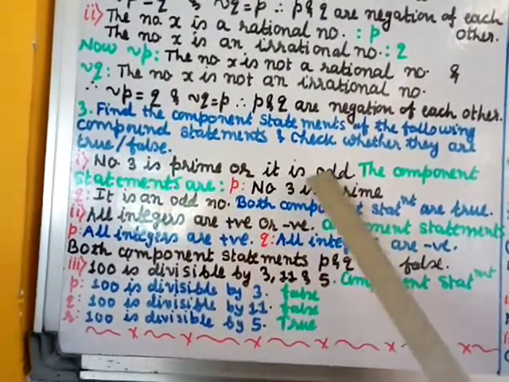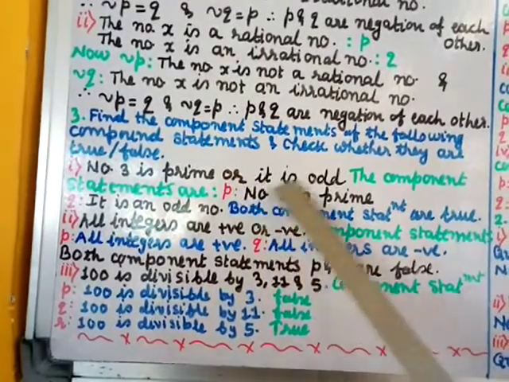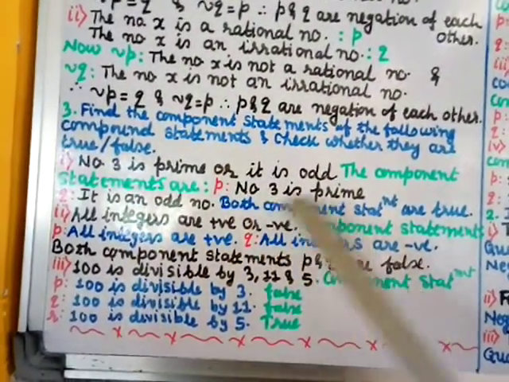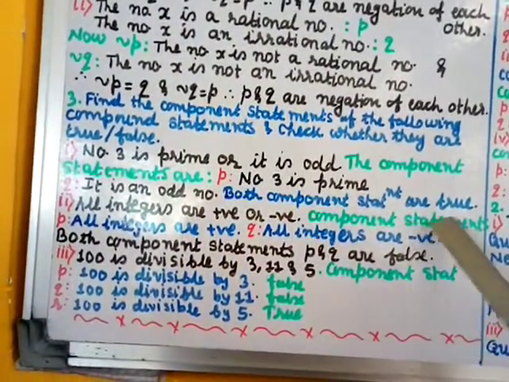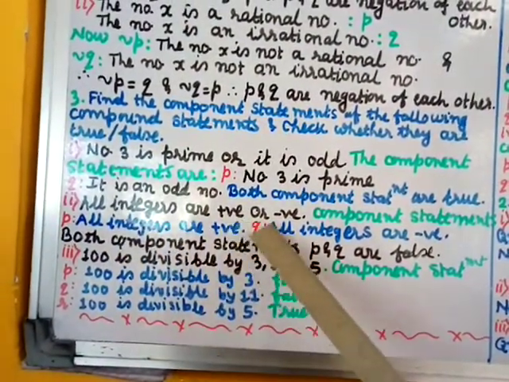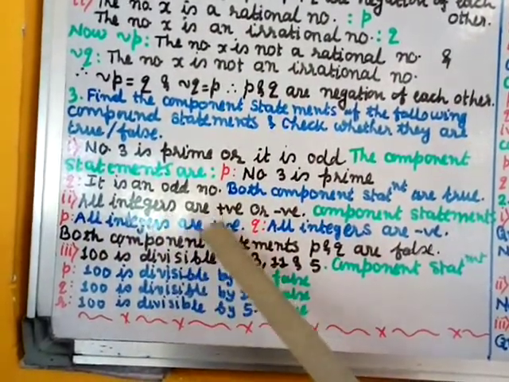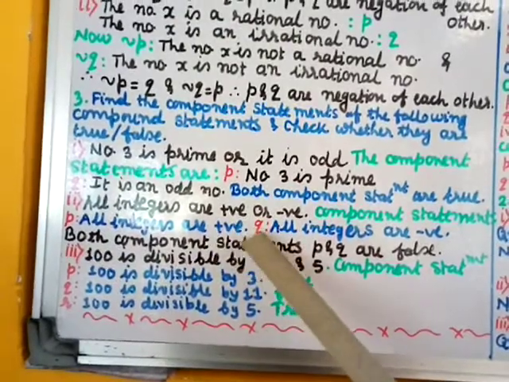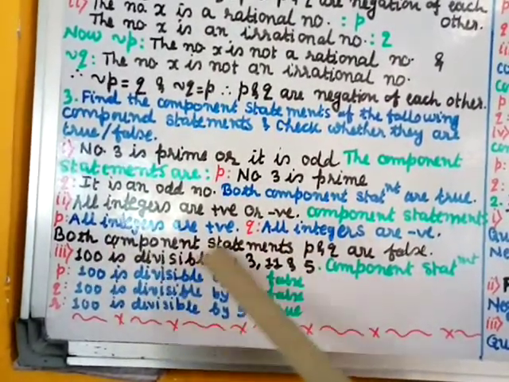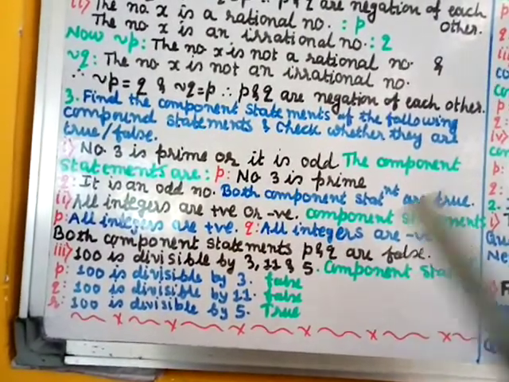So there are two component statements, and this is a connecting word. We know that 3 is prime and also odd, so both component statements are true.